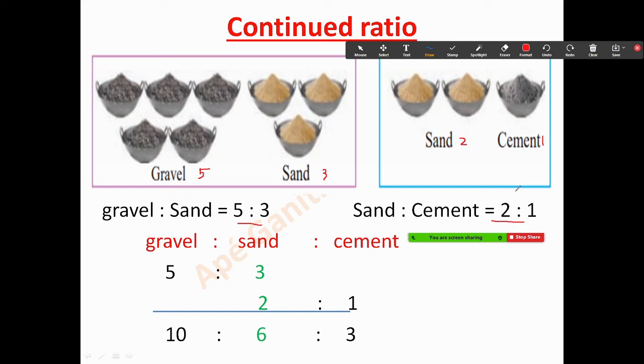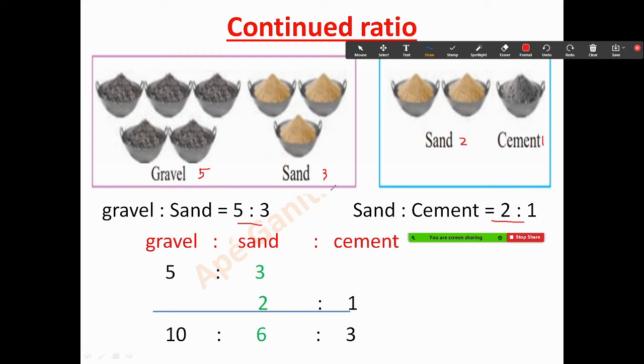Here we take the equivalent ratios method. How to get equivalent ratios? We can get equivalent ratios by multiplying all the components by the same number or by dividing all the components by the same number. Using equivalent ratios we can combine these ratios.